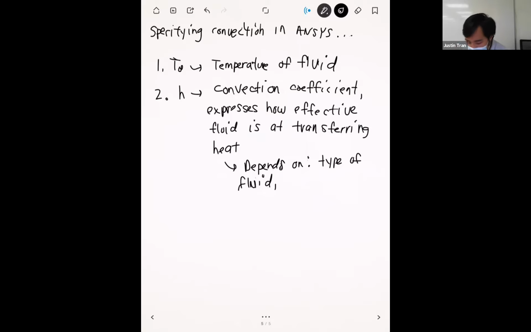It also depends on the fluid velocity. And so faster fluids, of course, are going to enhance heat transfer a lot more than slower moving fluids, right? If you stand outside in a snowstorm where the winds are going like 40 miles an hour, it's going to feel a lot colder than if it's just a gentle breeze, right? It also depends on the nature of the flow, so whether your flow is laminar or turbulent.